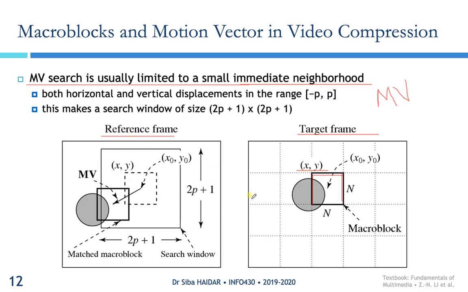It cannot disappear from this region. It was either on the left, on the right, on top, or on the bottom. So we will limit the search inside a window, with both horizontal and vertical displacement.